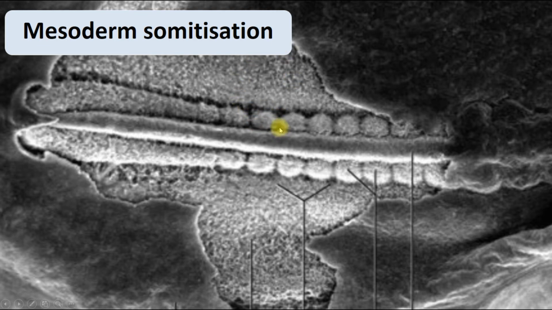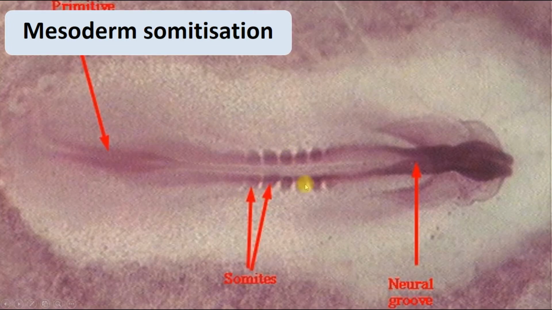So the third embryonic axial organ is somites, groups of somites. There are about 45 pairs of somites. So there are pairs of somites. One somite is on the right side, another on the left side of the embryo. And here we can see a chicken embryo. It's the neural tube. It's the developing brain.